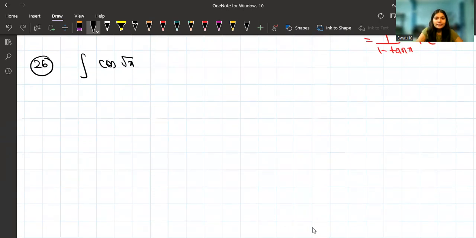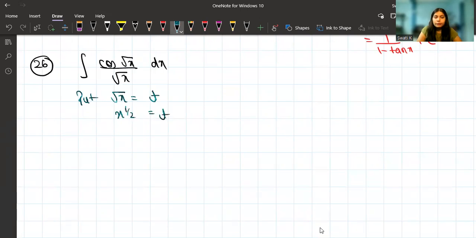So the next is, we have to integrate cos root x upon root x dx. So here what are we going to do? We are going to substitute, of course, root x. So let us put root x as t. Root x is the same as x raised to half, that is t. Now if you do the derivative using the formula, that is derivative of x raised to n, that is n times x raised to n minus 1.